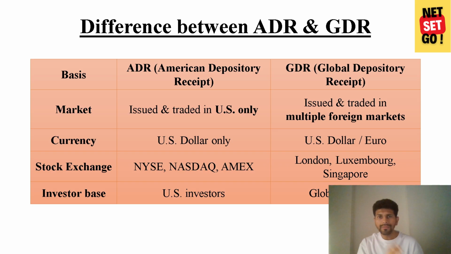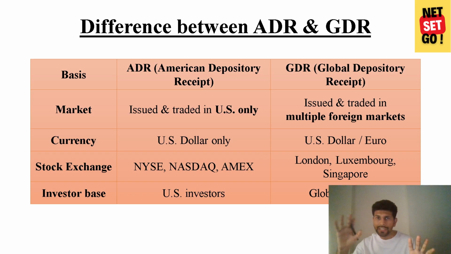Now, what are the differences between ADR and GDR? American depository receipts are issued by an American bank, traded in American currency, the US dollar, and listed on an American stock exchange like NYSE. And the investors will be based in the USA only.